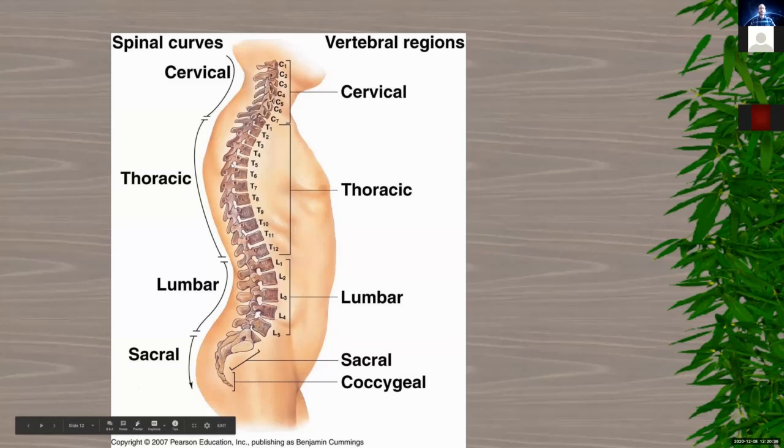Your thoracic vertebrae have the ability to go this way and that way. A little bit that way, a little bit that way, but mostly up to the left, up to the right. The lumbar is much better at allowing you to twist your body to one side and twist your body to the other side, whereas the sacral really just holds on to the lower portion of your body, your pelvis.